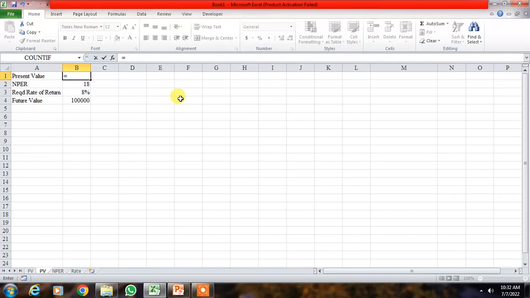So the formula for the present value is equal PV, and then in brackets it's asking for the required rate of return, and similarly the number of periods, which is 18 years, and then comma again.